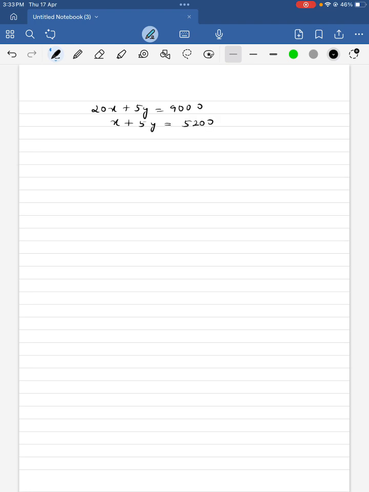Now let me just subtract the two linear equations. Now when I subtract, all the signs would change and I would get 19x as equal to 3,800. Or x will be 3,800 divided by 19, which is 200.